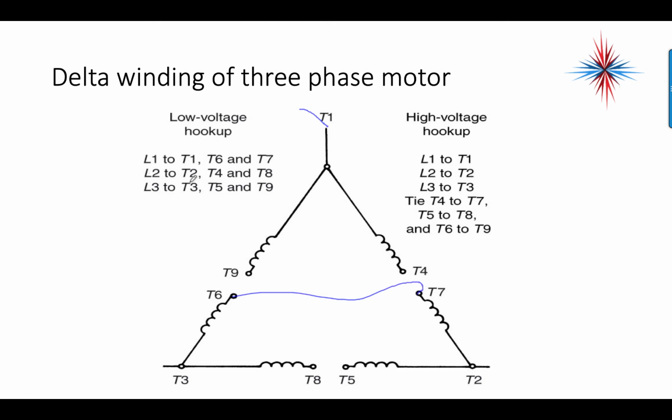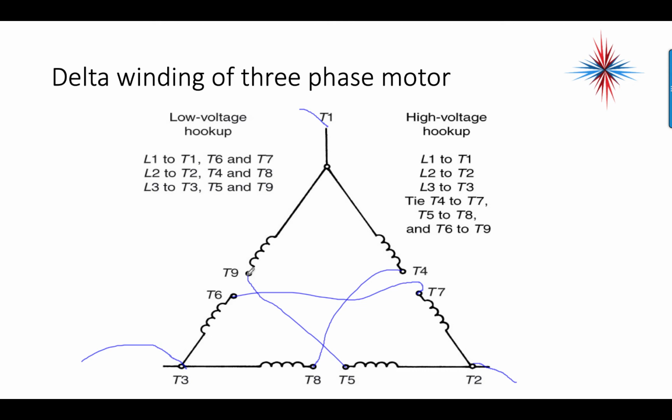I'm going to connect L2 to T2, and I'm going to connect T4 and T8. And then I'm going to connect L3 to T3, and I'm going to connect T5 and T9. So basically what we're doing here is we're actually creating a parallel circuit.